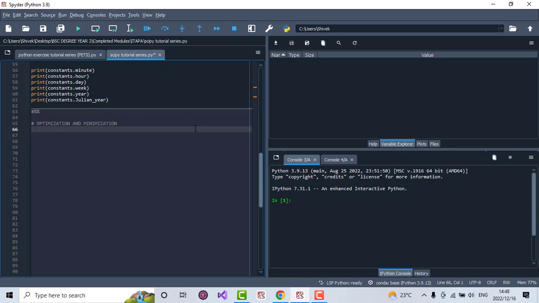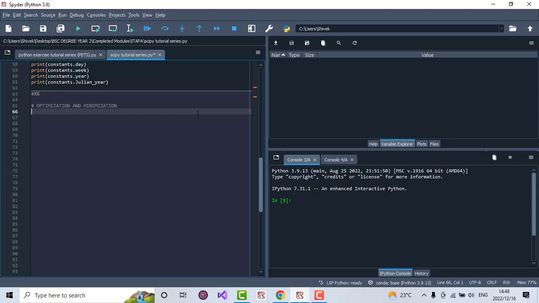Those are just a few of the procedures that can be involved in optimization and minimization problems. One thing I should mention is that, to help us with these problems, SciPy has an optimization subpackage that is built for us to utilize.